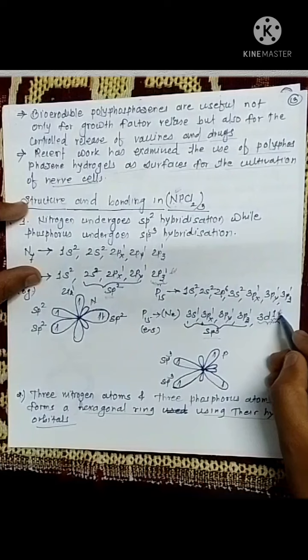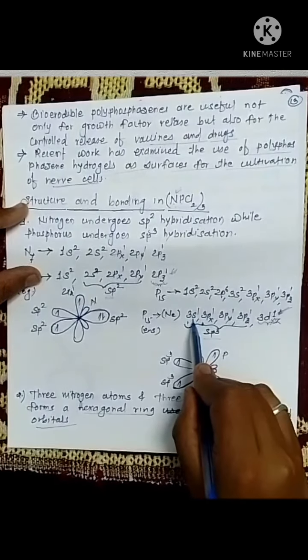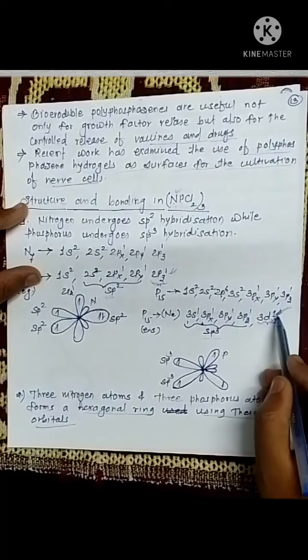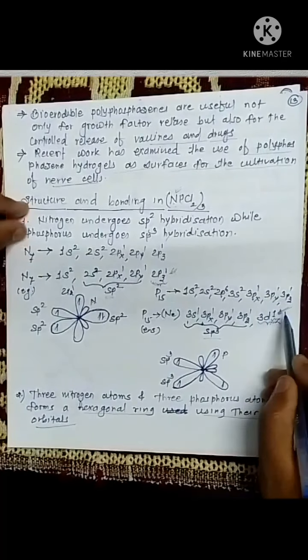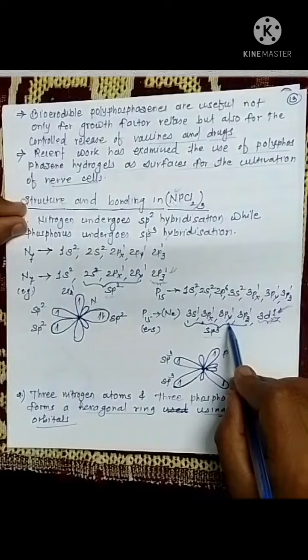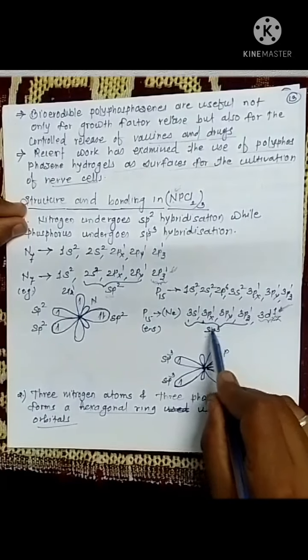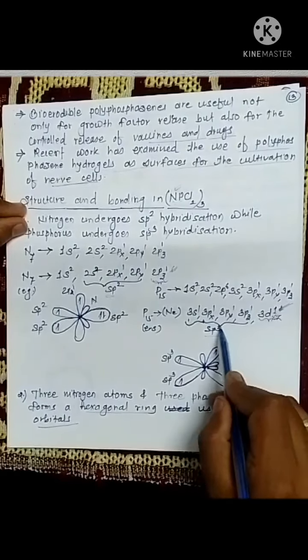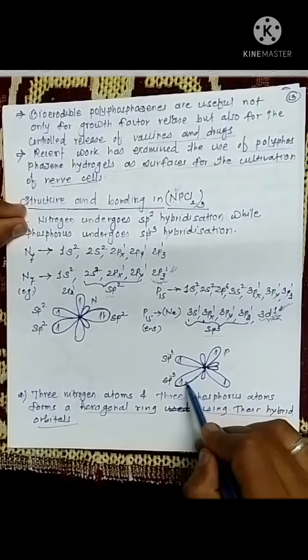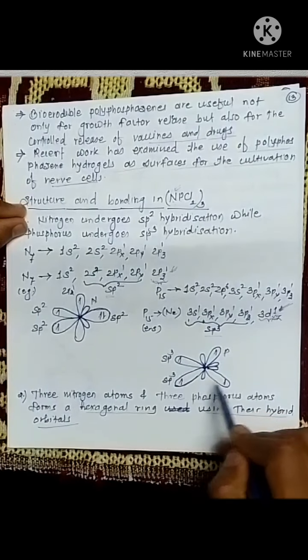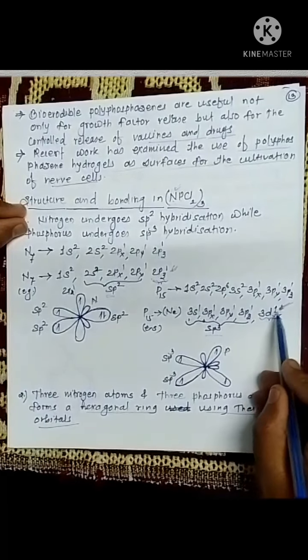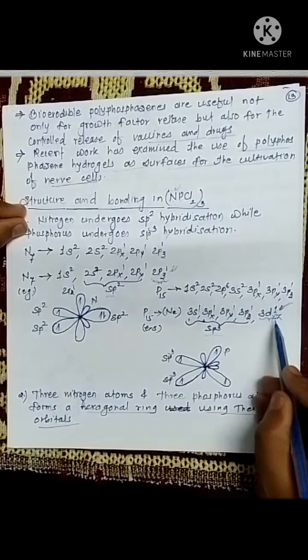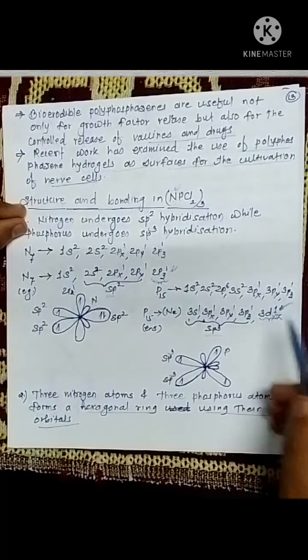Students should note that one of the electrons from the 3s orbital is transferred into the 3d orbital after hybridization. So in this case, the four hybrid orbitals of phosphorus contain a single electron, which is shown in the figure, while one electron is present in the 3dxz orbital of phosphorus.